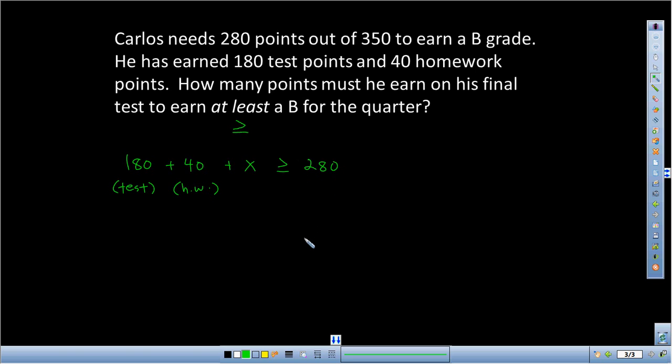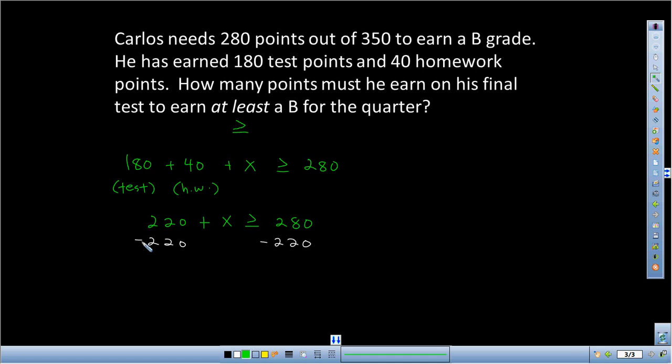Okay, so now let's go ahead and solve this inequality for x. First, we know that 180 added to 40 is 220. So we have 220 added to x is greater than or equal to 280. To isolate the x, we need to make the 220 into 0. We can do that by subtracting 220. We'll use the subtraction property of inequality to subtract 220 on both sides.